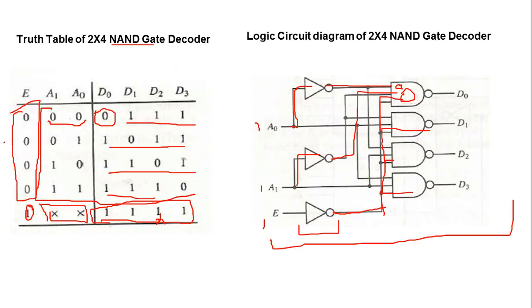So for these possible values of inputs present here, I will be getting the results within the logic gate. So the logic to design the circuit diagram will remain the same as it was in case of AND gate. The only thing you need to understand is that now in NAND gate, the output will be present if it is equal to 0.